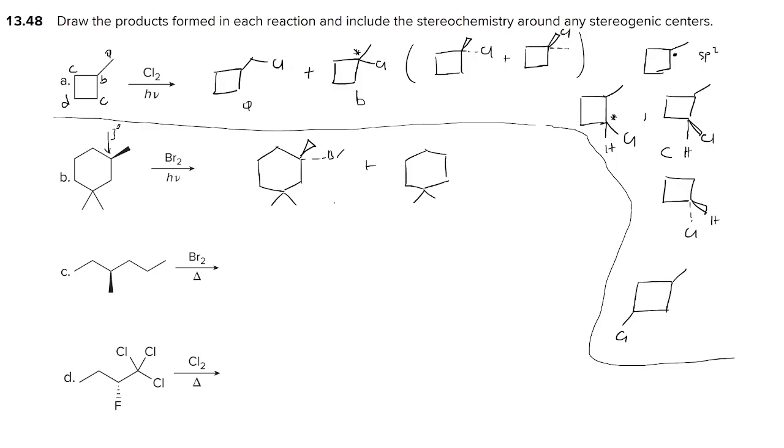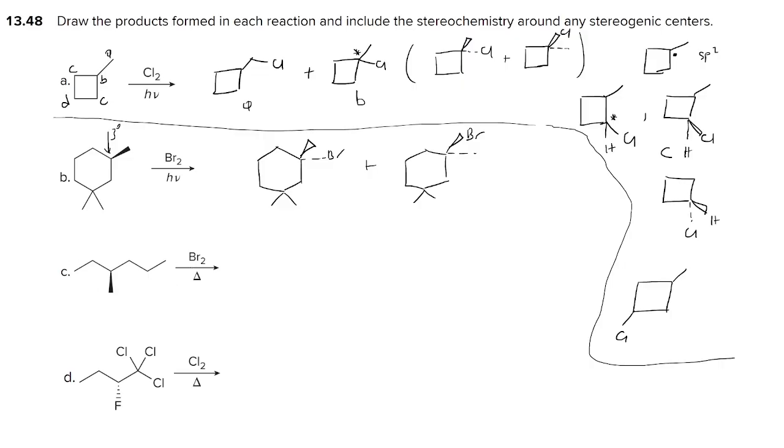The radical intermediate will be an sp2 hybridized planar species, so both isomers will form. So I'm going to just swap bromine and methyl. We have one product with two stereoisomers, which are again enantiomers of each other.